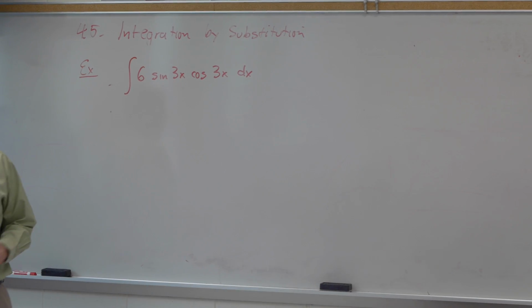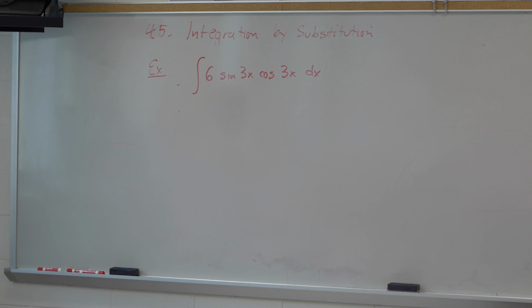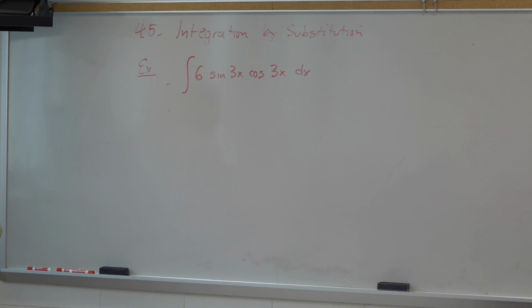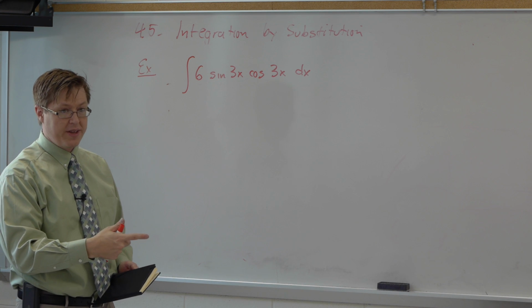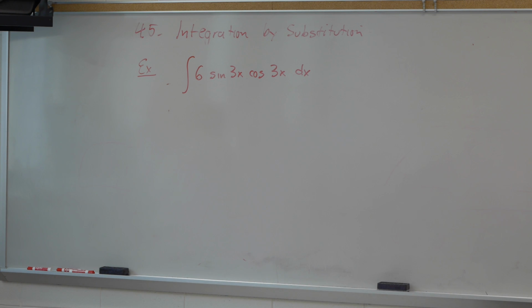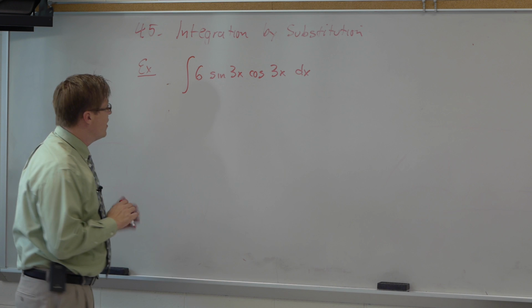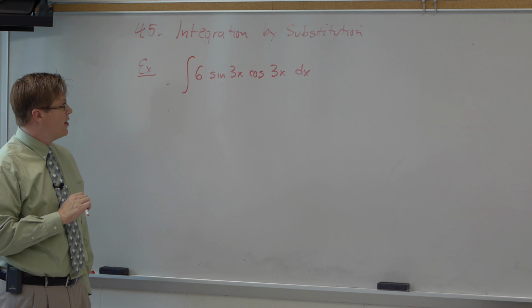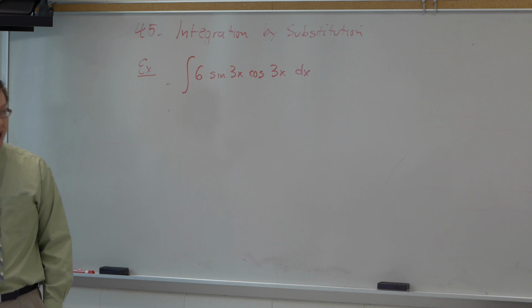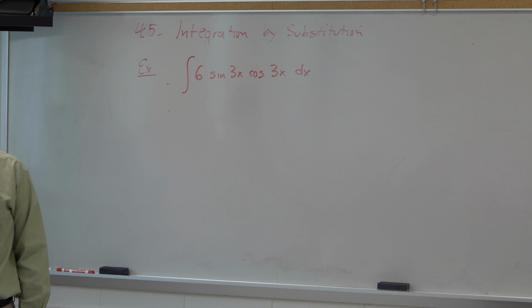Okay, the first example I want to do is actually the problem we already did. But let's just pretend we had not started with the original problem, so we didn't know what the integral was just by looking at it. So let's use the method of substitution on this one just to see how it works. I can integrate this if it happens to be in the form f prime of g times g prime dx.